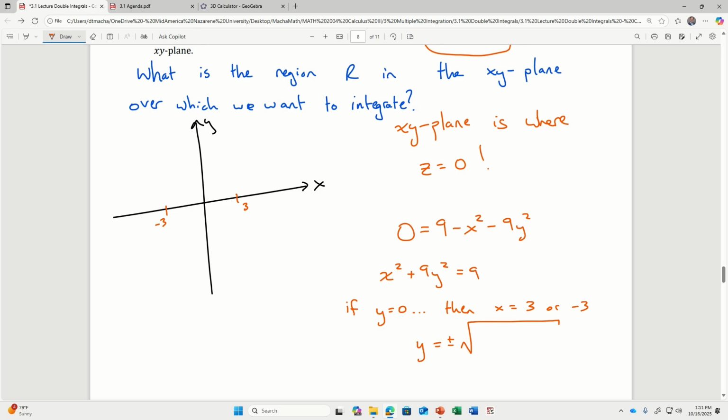Okay, then we solve for y. Y is going to be the plus or minus square root of (9 minus x squared) divided by 9. Does that look good? And so that's going to give me the thing here.